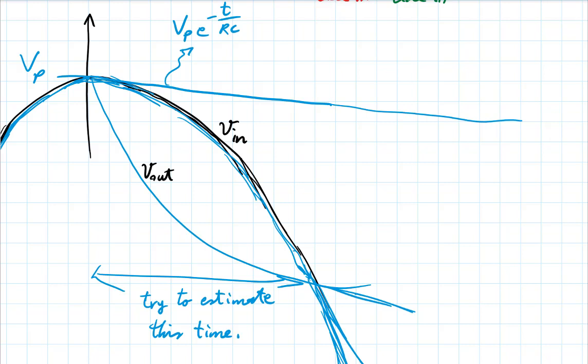So the output will then follow the input up to a point where the rate of the variations at the input becomes so high. You see, this is a cosine curve, and its derivative keeps becoming more and more negative. The rate of change becomes so high that the output cannot follow anymore because the output decay is too slow for that. And that's when they branch off. They separate. And then the input will keep going down, the diode becomes off, and the output will now go down at its own natural rate, which is the exponential decay.